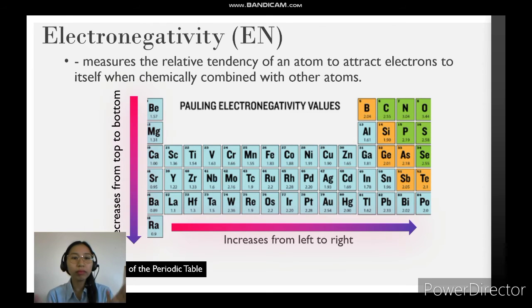Whereas it decreases from top to bottom. So nagagamay siya gikan sa taas pababa. Okay? I will repeat. Nagadako ang imong EN from left to right, nagababa imong EN from top to bottom. So that is what you call the electronegativity trend of the periodic table.